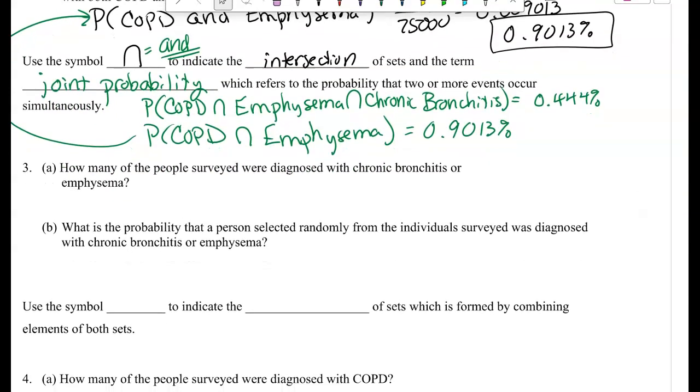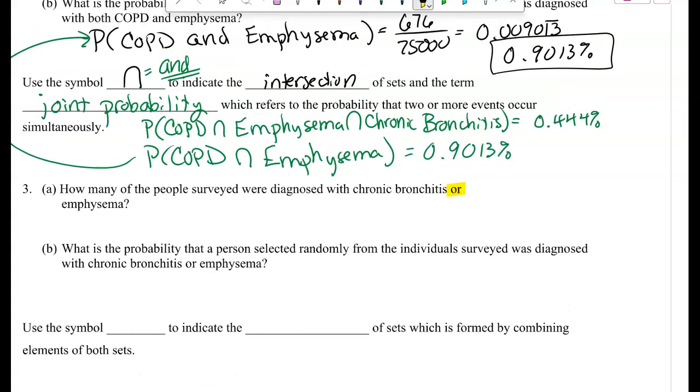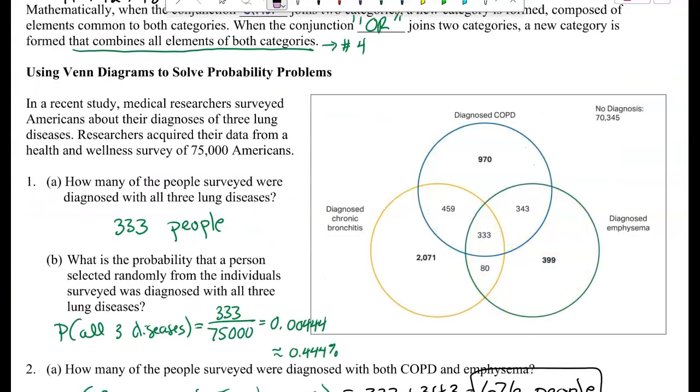Friends? How many people surveyed were diagnosed with chronic bronchitis, so we're using a different word here, or emphysema? Okay, let's go back here and see if we can figure this out. So we're doing bronchitis and what now?